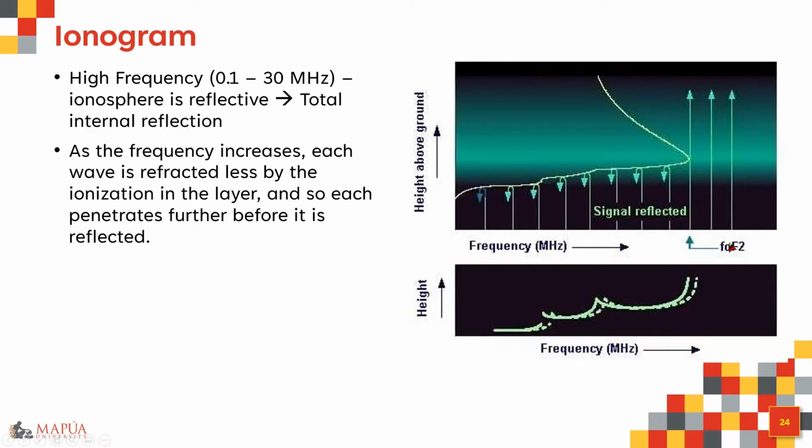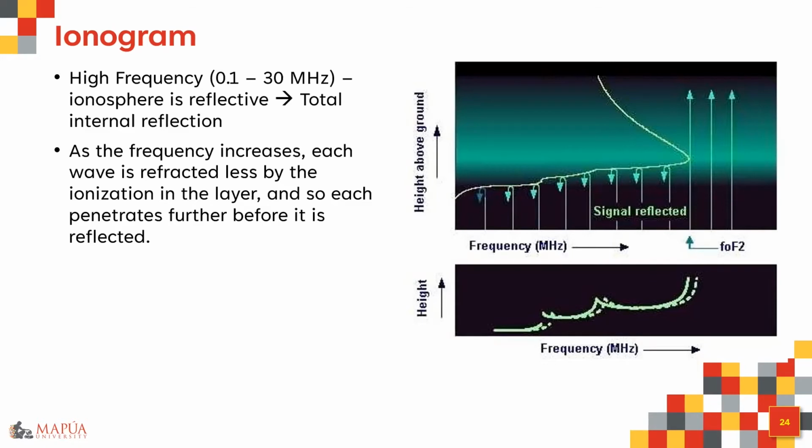What happens is that the frequency of your transmission matches the critical or plasma frequency of the ionosphere. So the end result is that you're going to have this kind of trace, and from this trace, you can actually calculate the electron density.